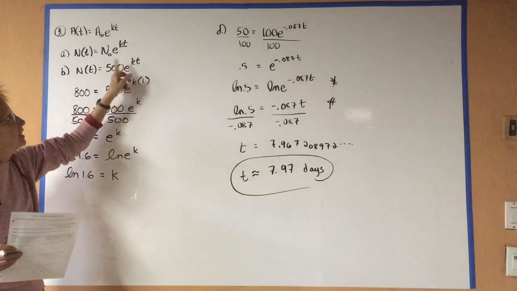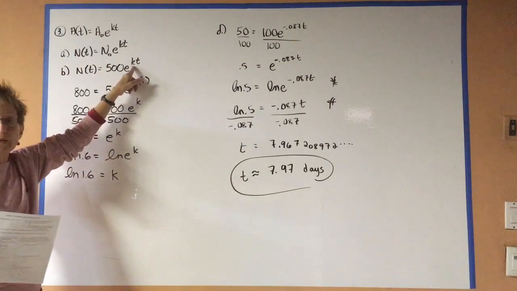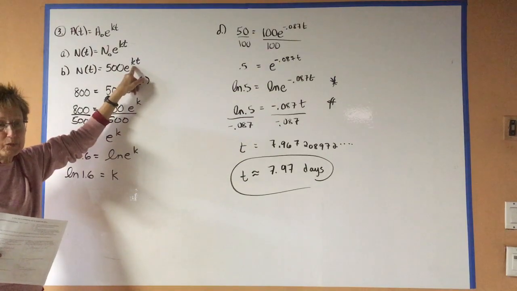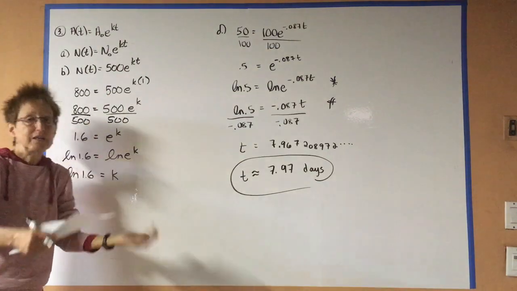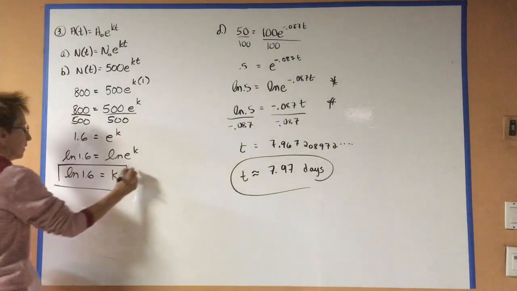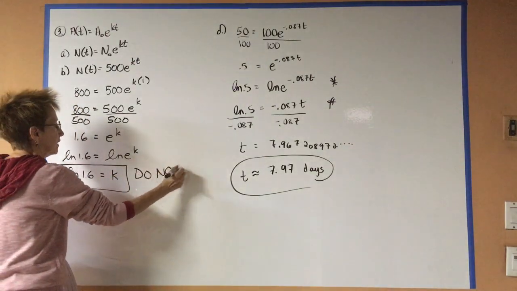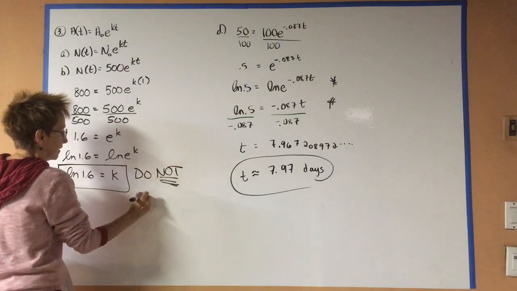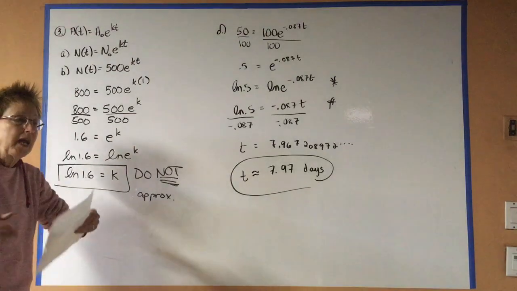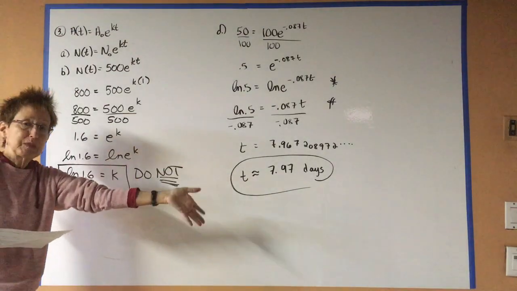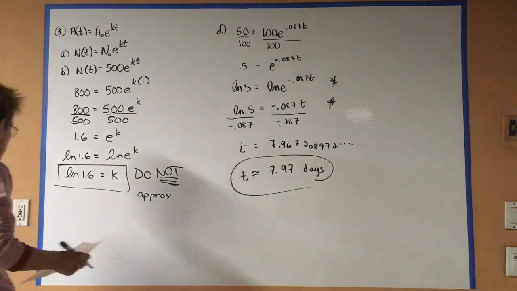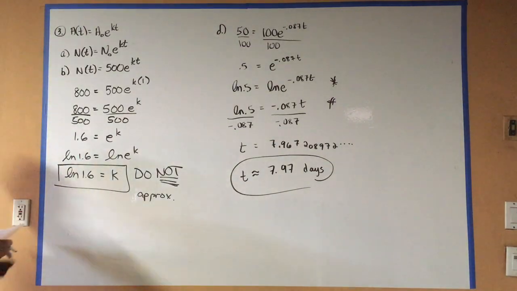Understand this k is part of this formula, and if you already round it here, then you're going to have all sorts of problems using a rounded answer within a calculation of a problem. So this is k. Do not approximate this. We only approximate final answers, not pieces that are inside the formulas that we're then going to calculate. You're approximating too soon. You're rounding too soon. All right, so that's k.